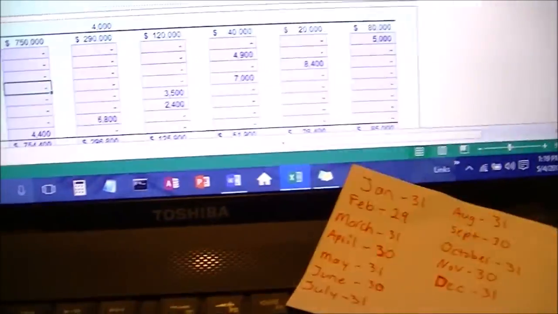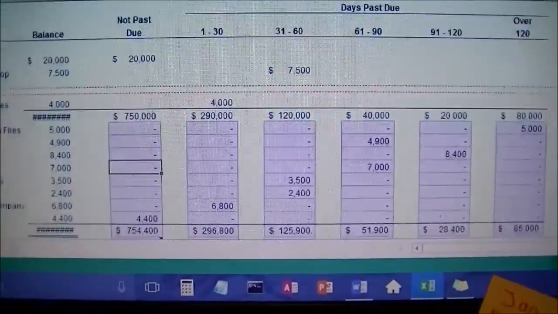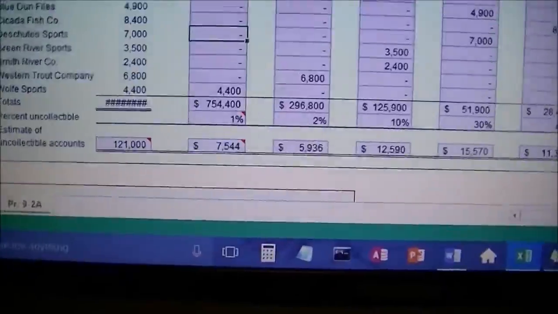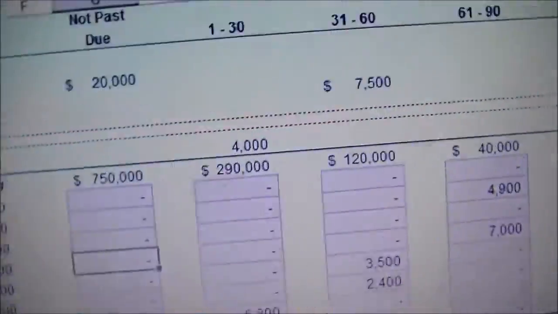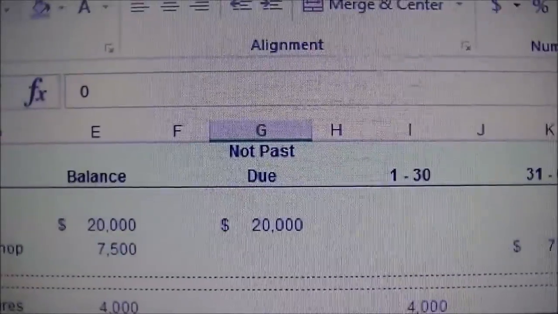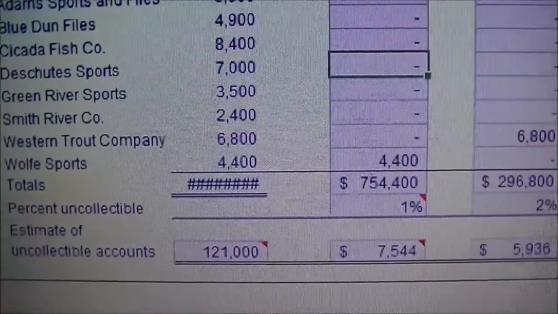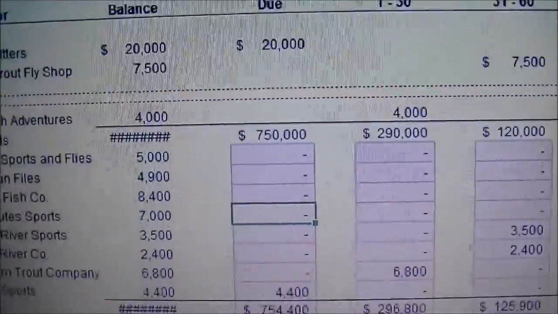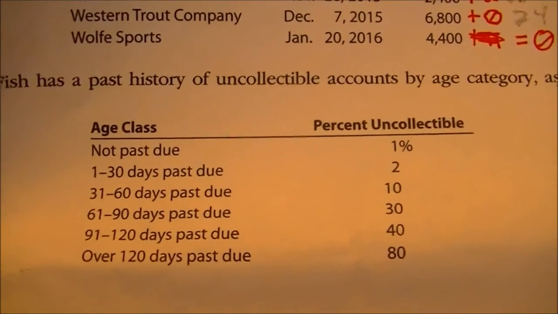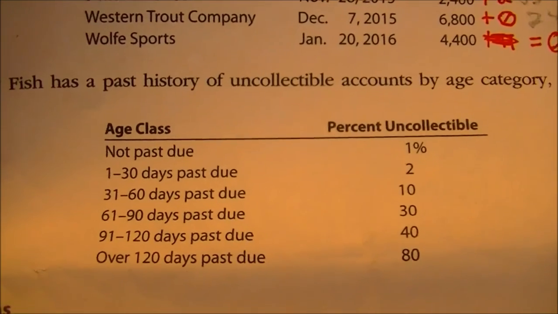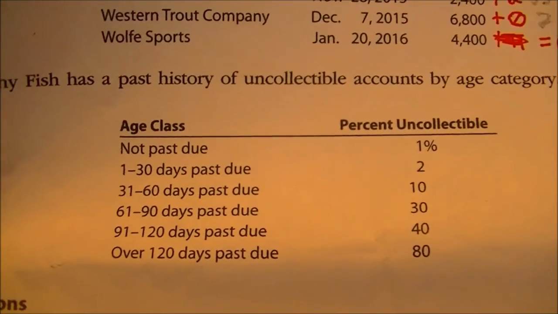So what you're going to want to do on your spreadsheet is go ahead and plug those numbers in. So where it says not past due, right here, go straight down, and where it says percent uncollectible, we're going to enter in our 1%, as it says on the sheet. 61 to 90 days, 30%, and over 120, it's 80%.